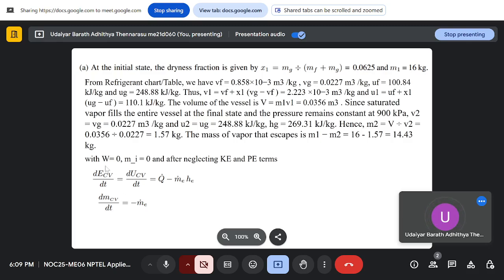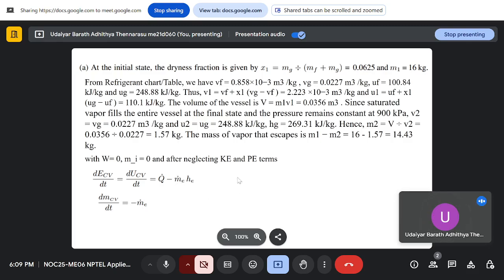So my dE_CV by dt is the rate of change of energy, and since we neglect kinetic energy and potential energy, we can write this internal energy change equals my energy coming in, which is Q dot, the heat which I am providing, and there is no inlet fluid coming in, so the inlet is 0. My exit is my saturated vapor which is leaving the cylinder, so minus m dot e h_e.